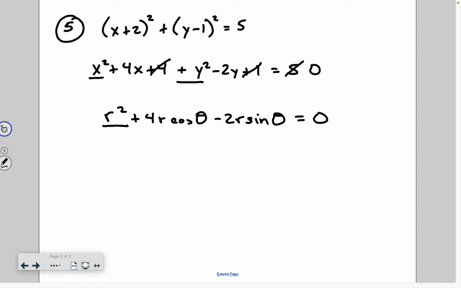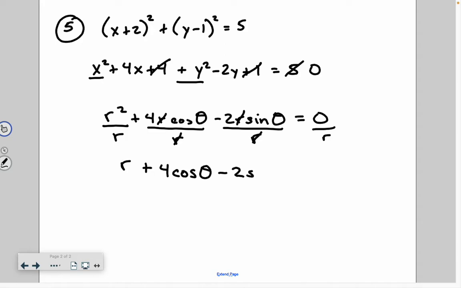So if I divide this term by r, and that by r, and then just to keep things balanced, you do have to divide the other side by r as well. Now what we end up with, first term becomes r, plus, second term the r's cancel out, and you're left with 4 cosine theta. Third term, the r's cancel out, and you're left with minus 2 sine theta. And then 0 divided by r is still 0.